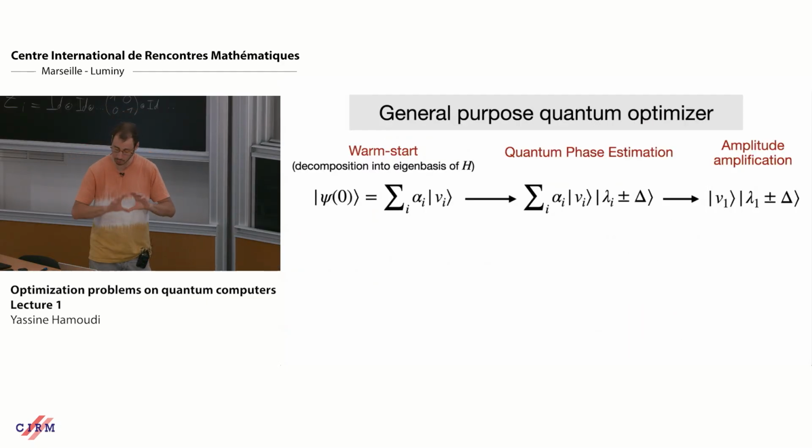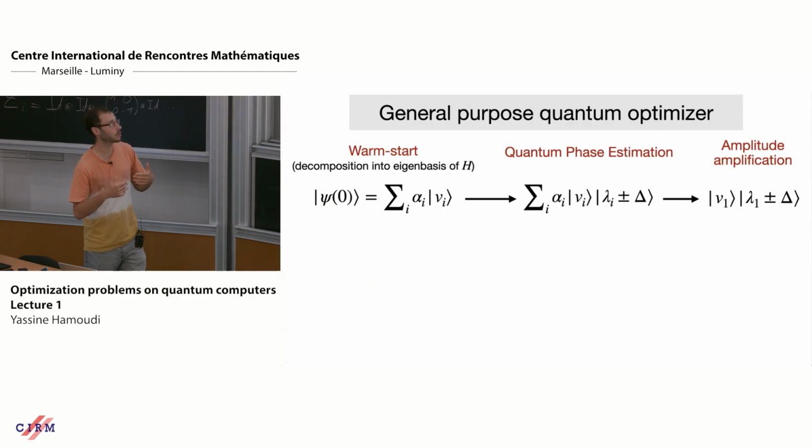So let me give you the full algorithm, and you'll see how it works. There are essentially 3 steps. First, you have to come up with a warm start, which is just any state of your choice. Here it is written in the eigenbasis of H, and the amplitudes alpha 1 up to alpha 2 to the n depend on which state you have chosen.